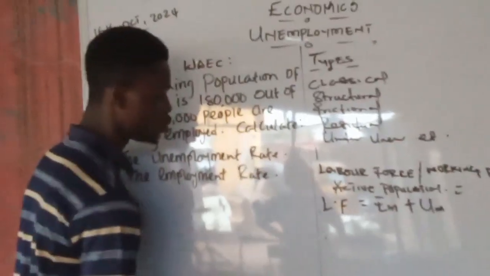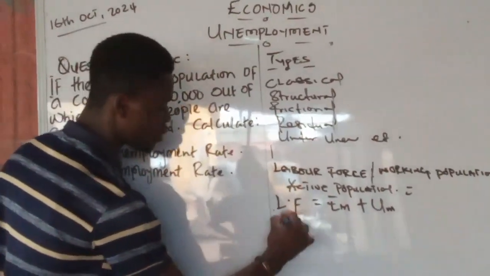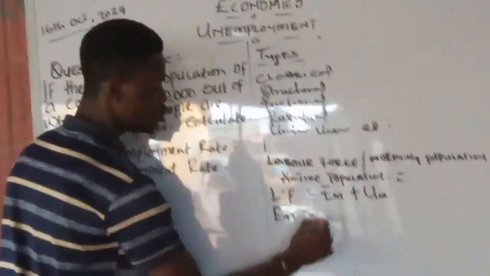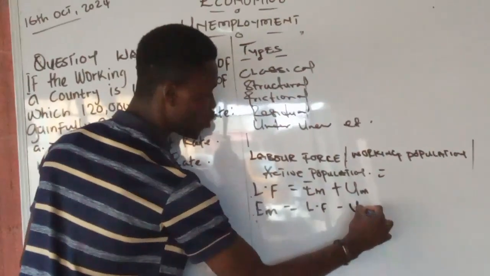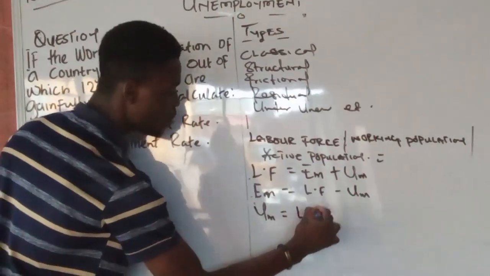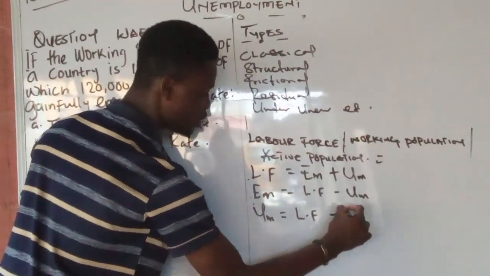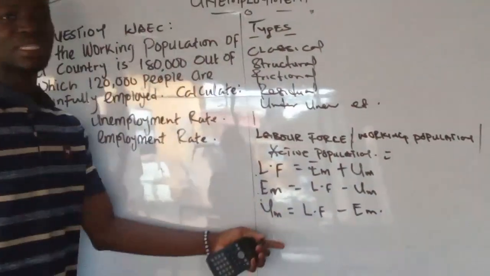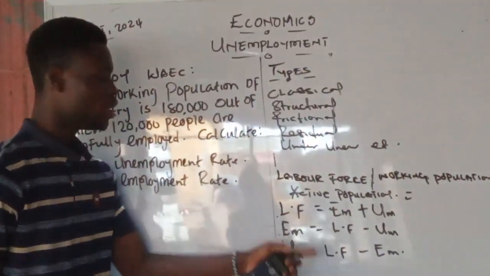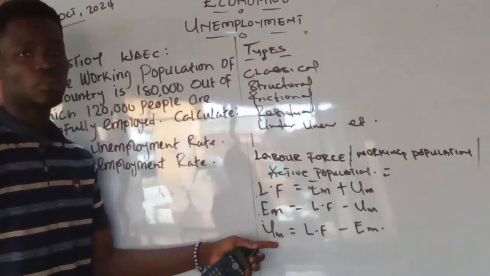It's just an equation. What of employment? If you are looking for employment, you say labor force minus unemployed. If you are looking for unemployed, you say labor force minus employed. That is the three aspects of calculating labor force, employed, and unemployed.